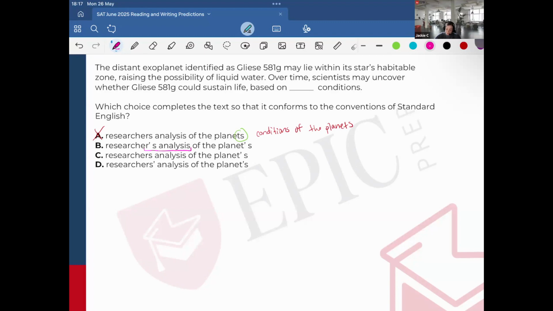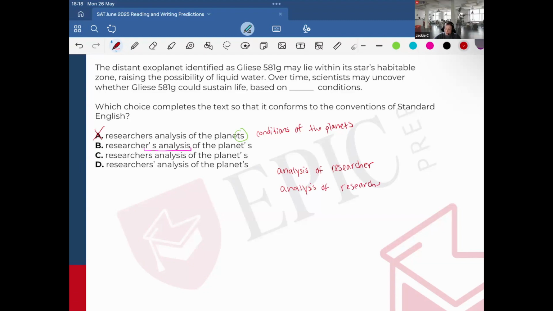So here, when I say the analysis of the researcher, analysis of researcher or researchers. Analysis of researchers.